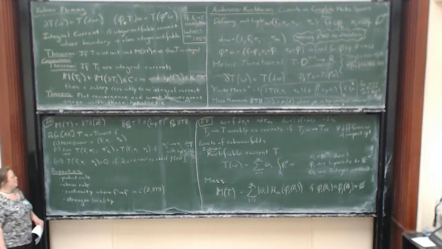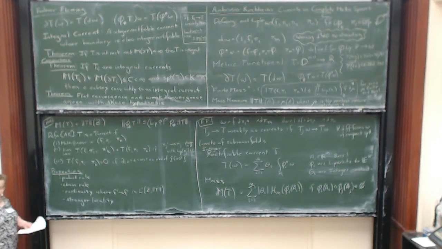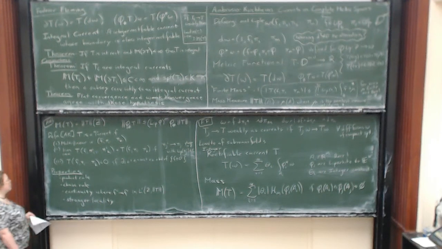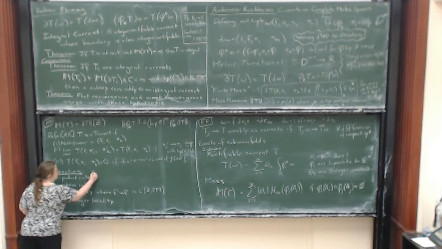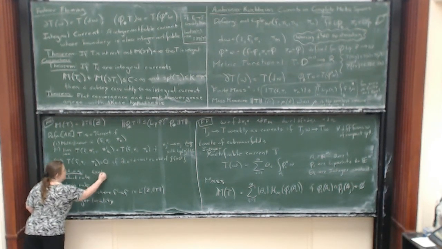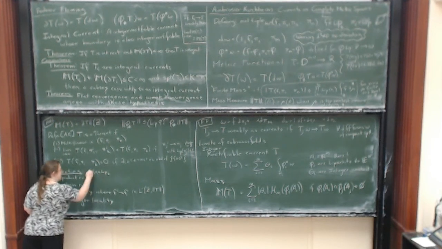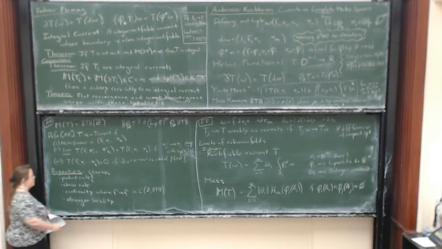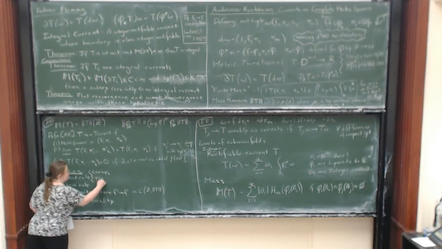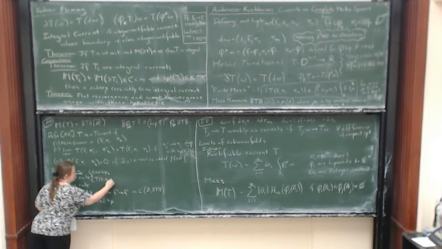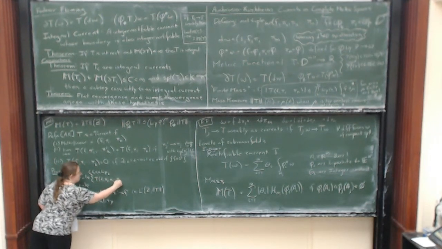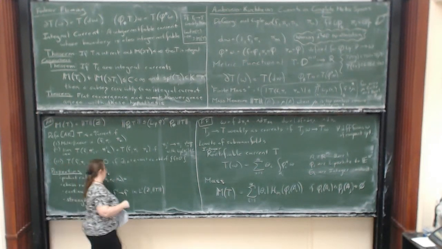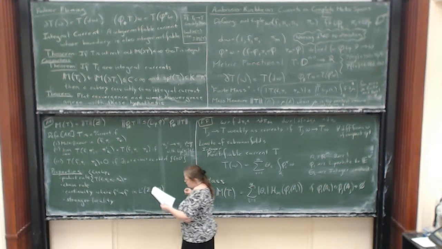So you might say, what do you mean by a product rule? What do you mean by chain rule? So I should tell you what these rules are. So in the product rule, we can assume that we have an f and pi 1 in Lip bounded. I'm not going to write out the chain rule. It takes too long. But let me just write out the product rule just so you can get a feeling of it. T(f, pi 1, pi 2 through pi m) is going to equal exactly what it should be if they were forms.